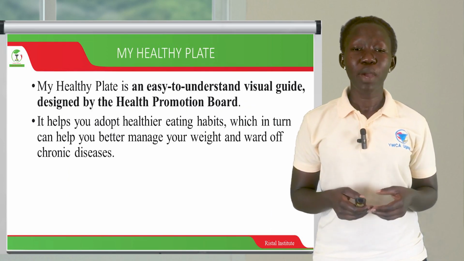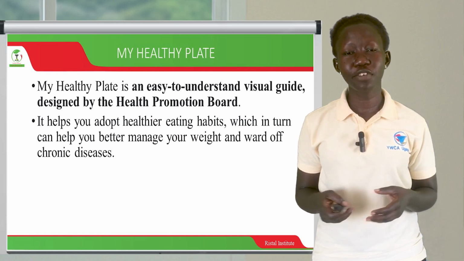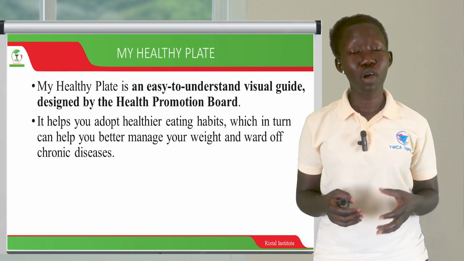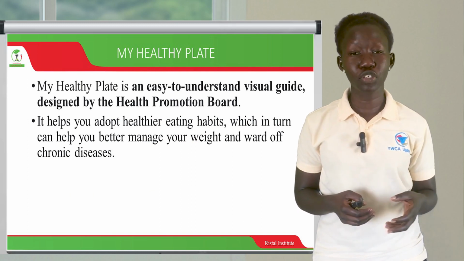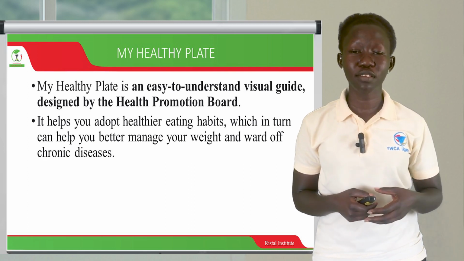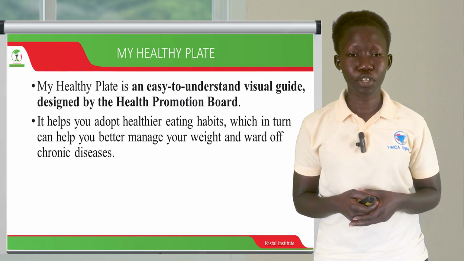Then we also have the My Healthy Plate, which is a bit different from the My Plate because it has more recommendations and there are more sections that are included. The My Healthy Plate is an easy to understand visual guide designed by the Health Promotion Board.